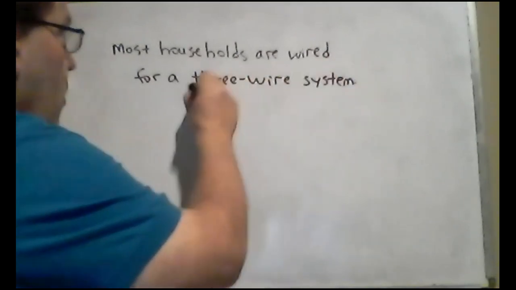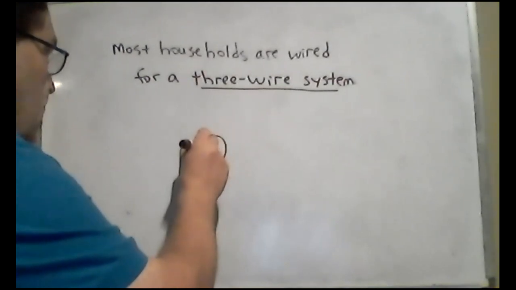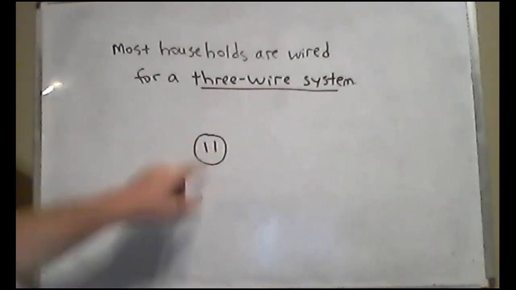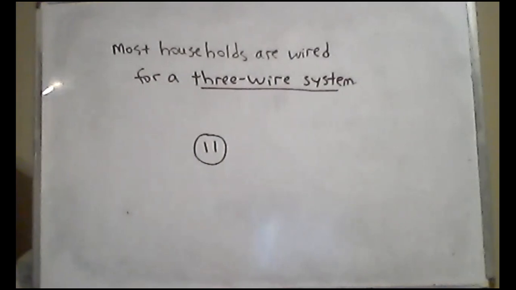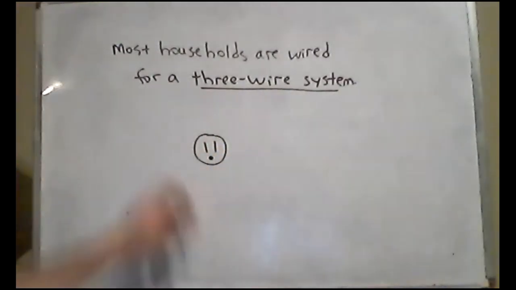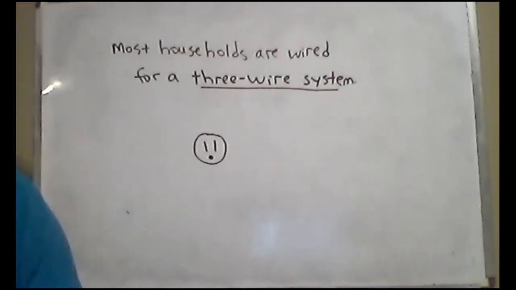How do you tell? When you look at your wall outlets, you should see 2 parallel holes where you can have a plug, and then on the bottom you should see another hole. Again, this is wire 1, 2, and 3. The third wire is wired for a neutral, usually for grounding with the earth. You want to try to ground your system as many ways as possible so you get paths to the earth. Let me go back to sharing my screen.